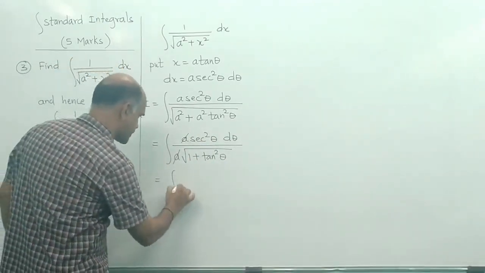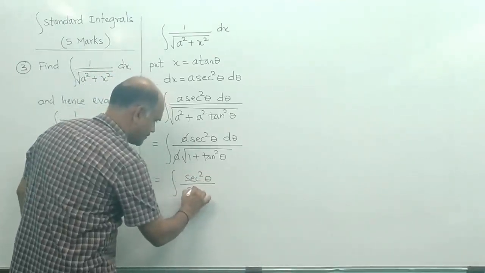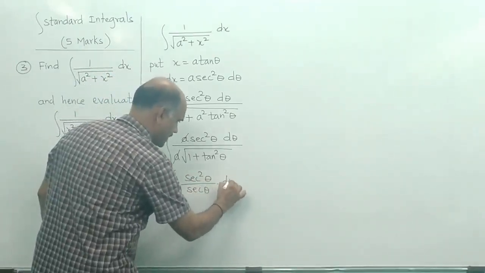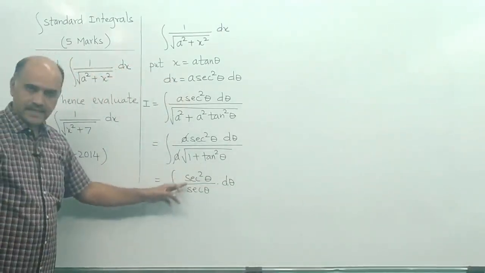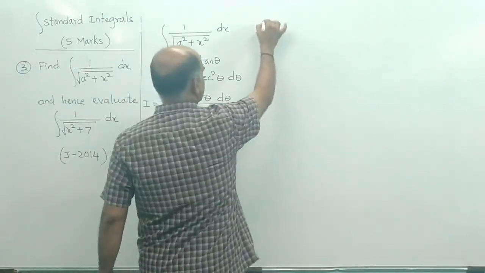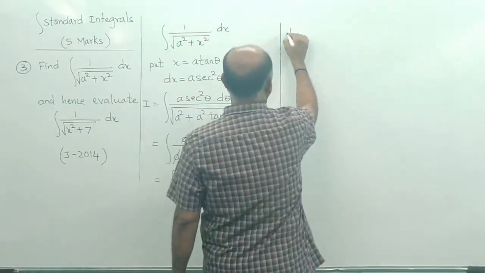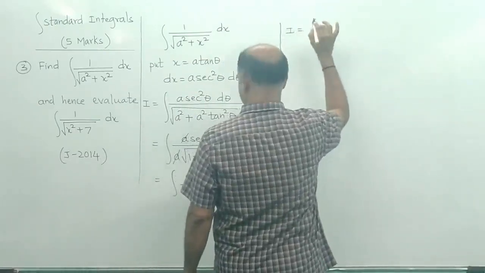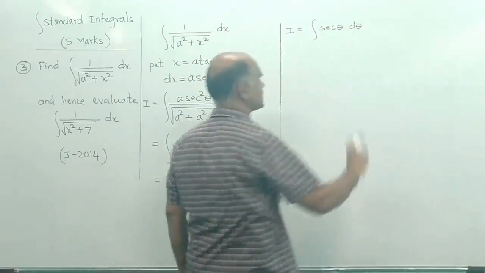So integration of secant square theta divided by secant theta into d theta. So 1 secant gets cancelled. So I is equal to integration of secant theta into d theta.